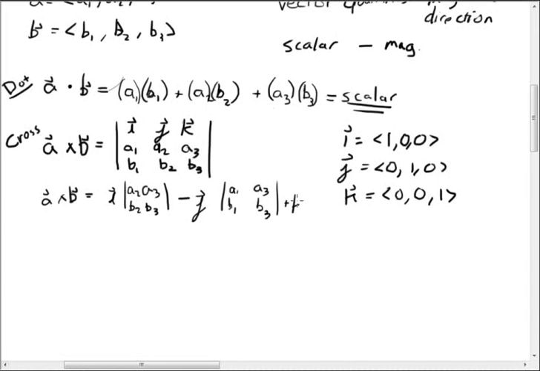plus K times the determinant of A1, A2, B1, B2.